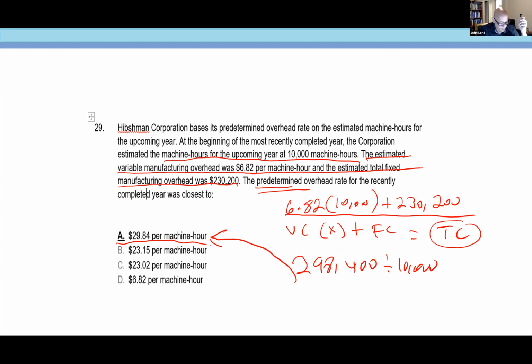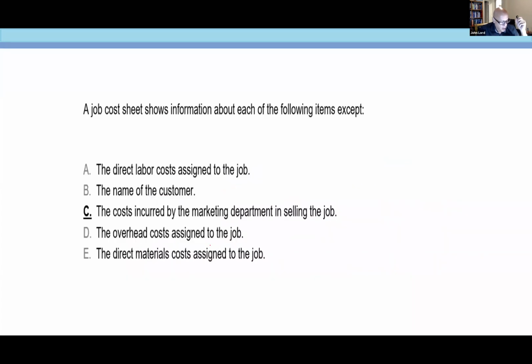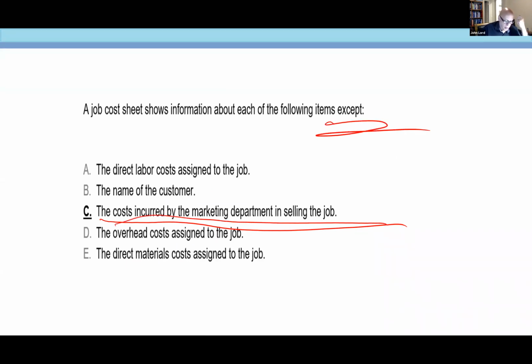Question? A job cost sheet shows costs incurred by the marketing department. Except the marketing department is not a product cost. These other things are product costs where I'm going to gather the cost, right? You know, name of the customer, whatever.